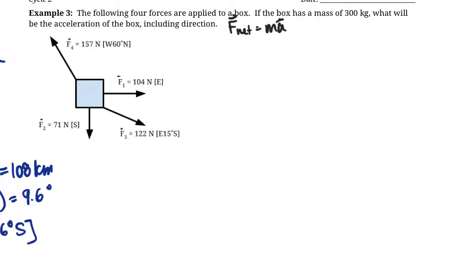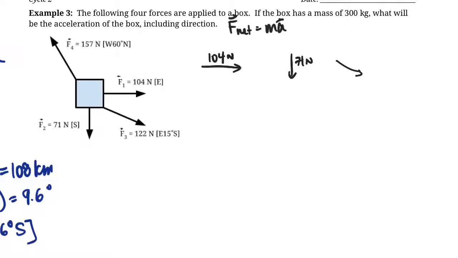Going to start by breaking up each of the vectors, just writing each of the vectors by itself and looking at its components. So here's the first vector, 104 east, newtons. The second one is F2, 71 newtons south. The third one is sort of down on an angle there.